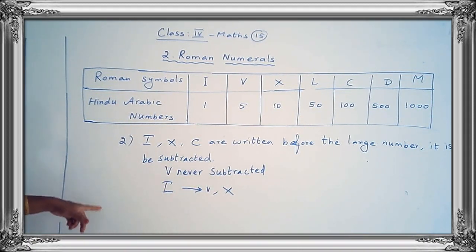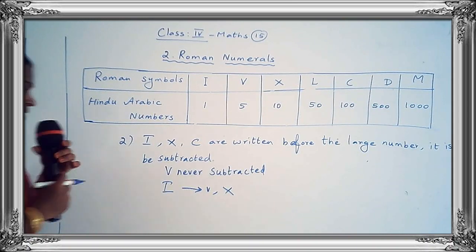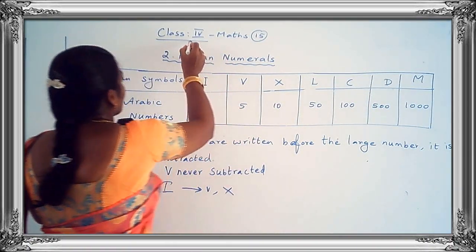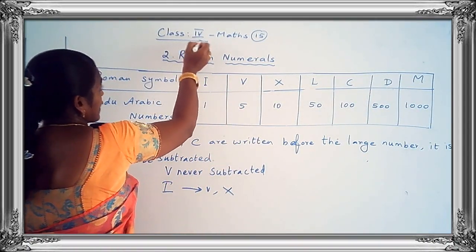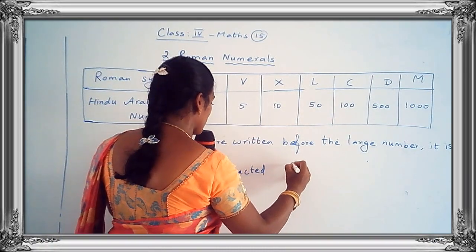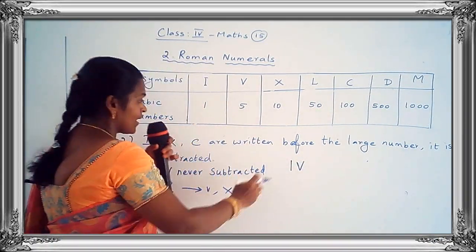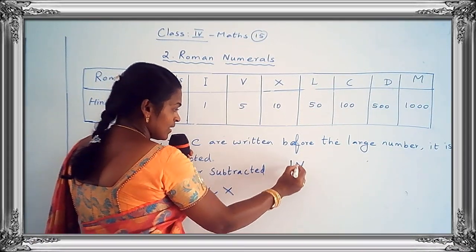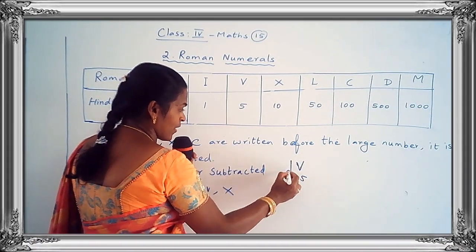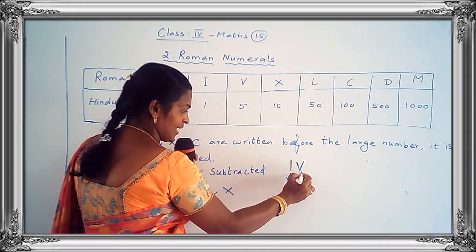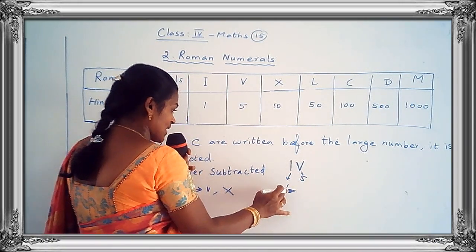This is the second rule, okay children. For example, you see your class, what is your class? 4th standard, yes, 4th standard means IV, okay children. Here you see that V stands for 5, I stands for 1.